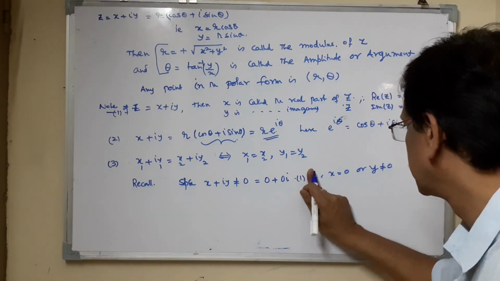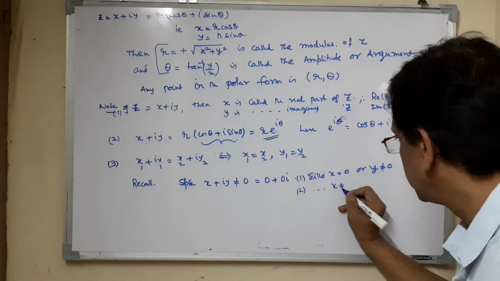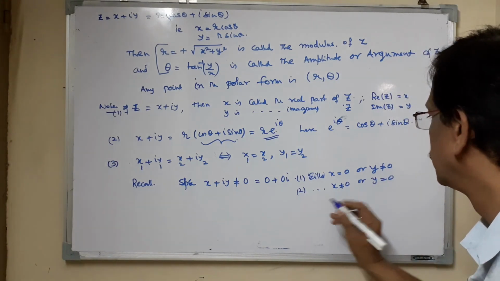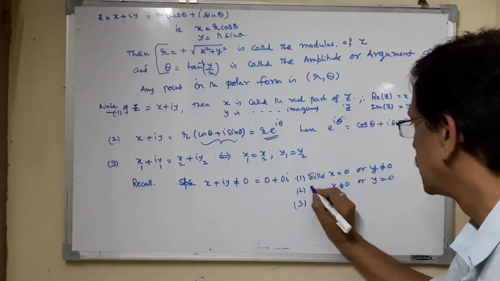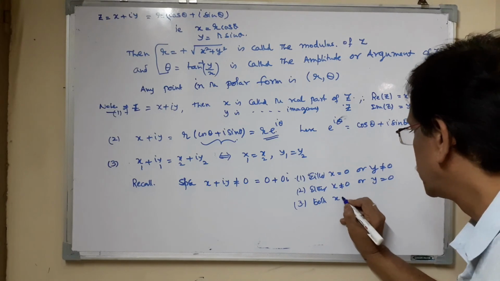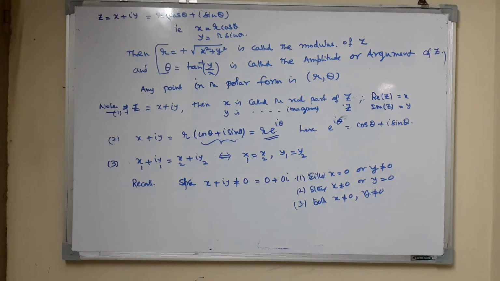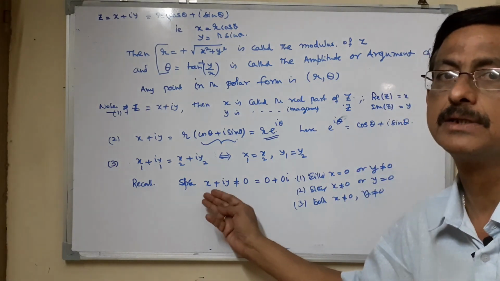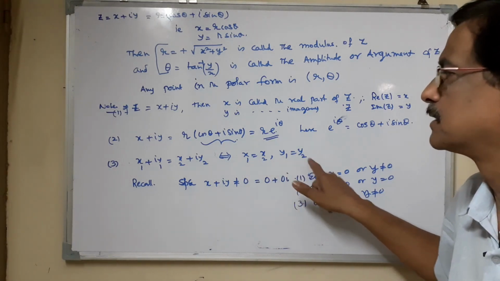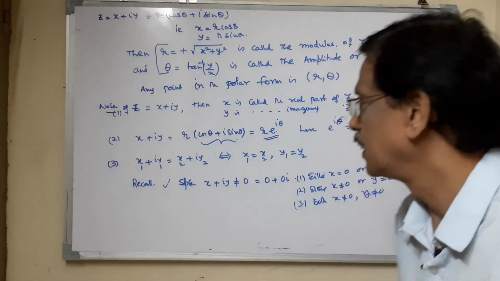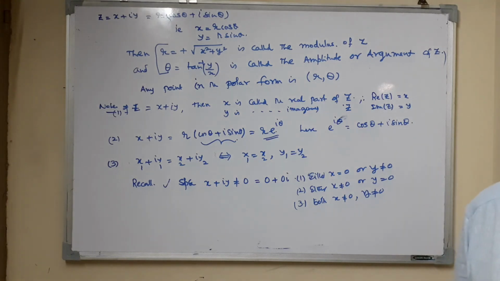Third, both x non-zero and y non-zero. So these are the three possibilities if a complex number is not equal to 0. Equal to 0 means component-wise real part equal to 0 and imaginary part equal to 0. But a complex number is not 0 means this, and that's what I have used in the quotient when I am writing z1 by z2.